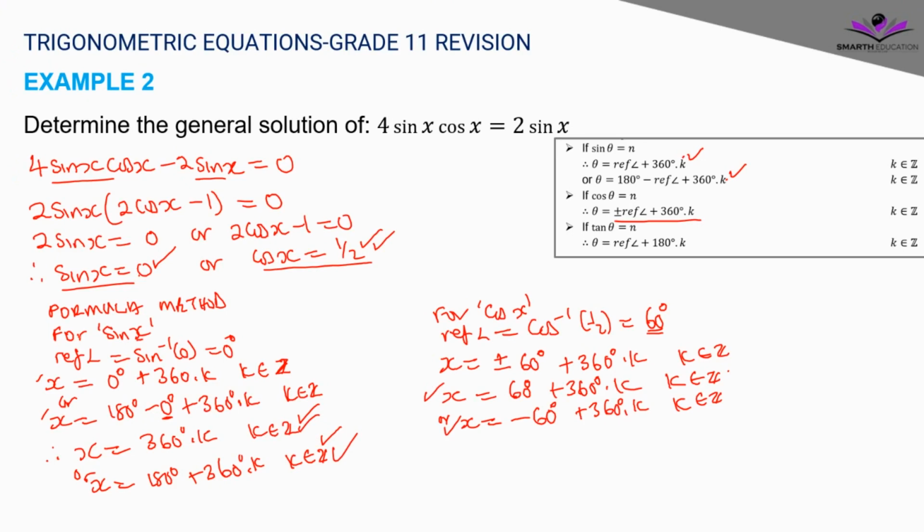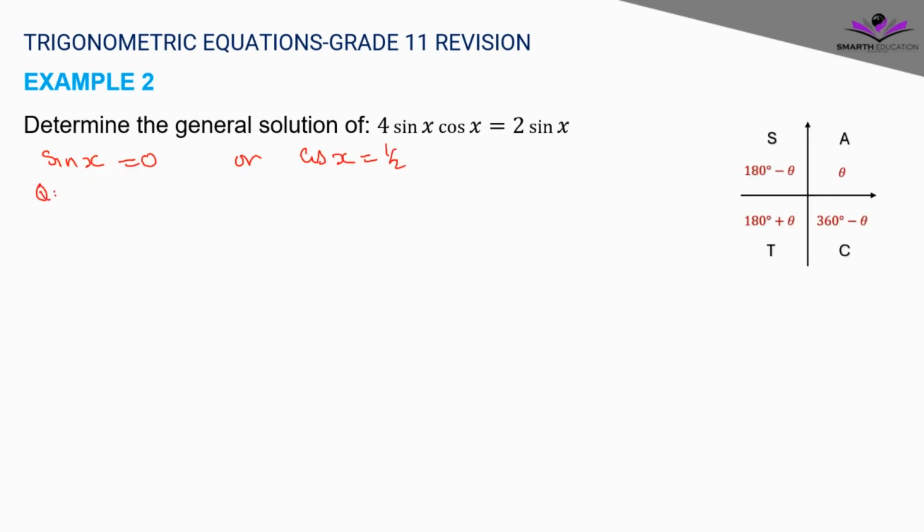Let's just remember this as we do our quadrants method. Sin x is equal to 0 and cos x is equal to 1 over 2. We just did this part, and now we start here with the quadrants method. Let's start with sin x, which is equal to 0. 0 is positive, we take it as positive. So we know that sin x is positive in quadrant 1 and quadrant 2.